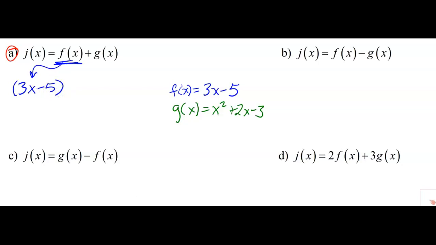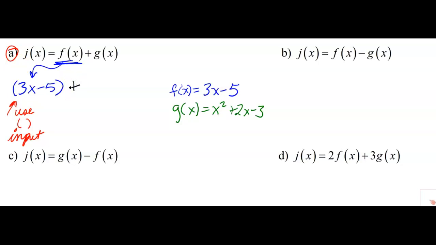Also want to note, it's very important because it will probably save you a lot of grief and trouble and making errors. You want to use parentheses for input. So then it says do a plus sign.